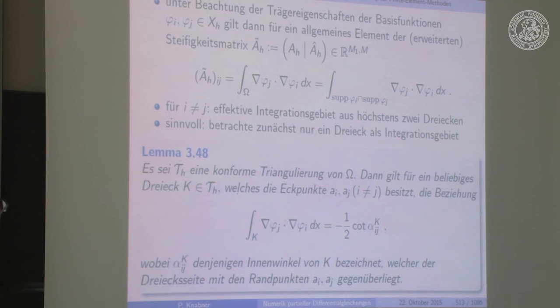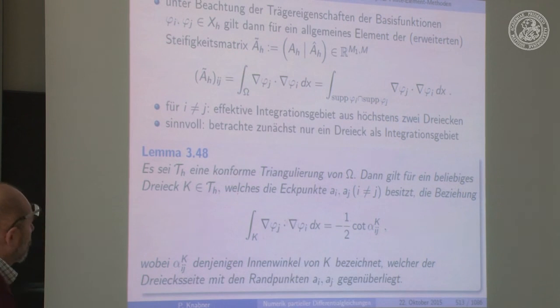Okay, so to do so, we have to look at the entries here, and we know that the entries, which is just written down here, so gradient phi j times gradient phi I, this restricts to the integral over the intersection of the supports of phi I and phi j.